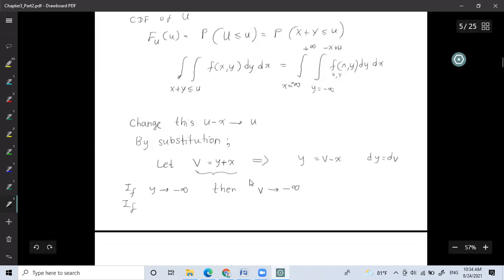Now, what is the other limit of y? Negative x plus u. So when y goes to u minus x, then what will happen to v? Can you find it? Substitute y with u minus x.